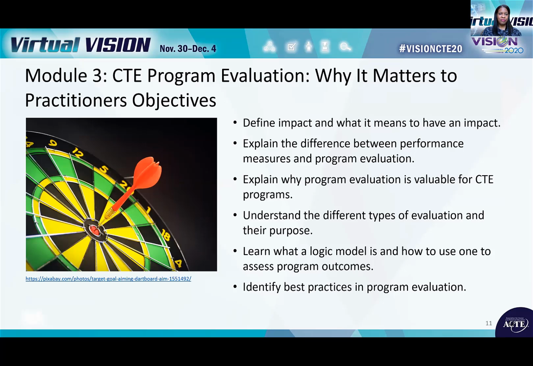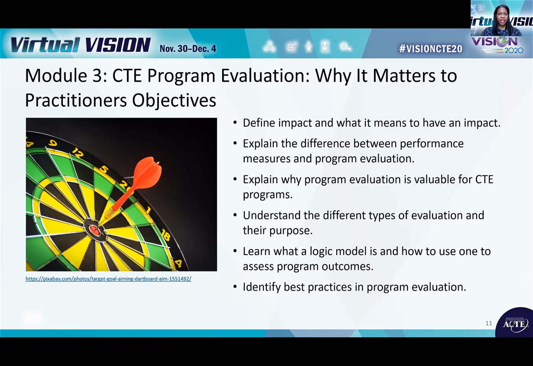Module 3, CTE program evaluation and why it matters to practitioners. And in this module, you will be able to define educational impact and what it means to have an impact in CTE. Here, through this module, you'll understand the different performance measures and program evaluations.